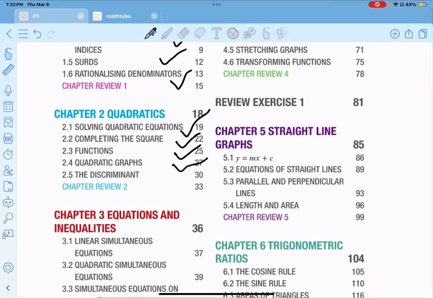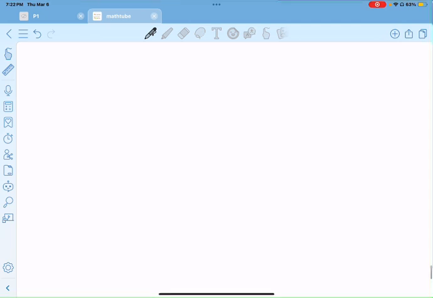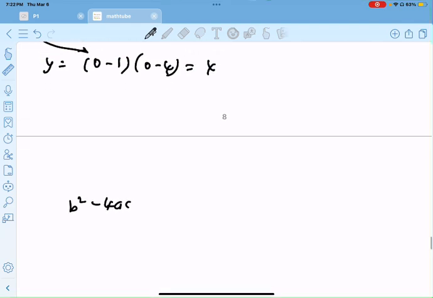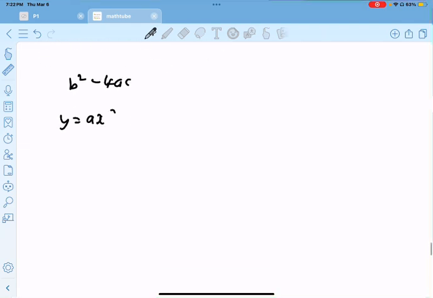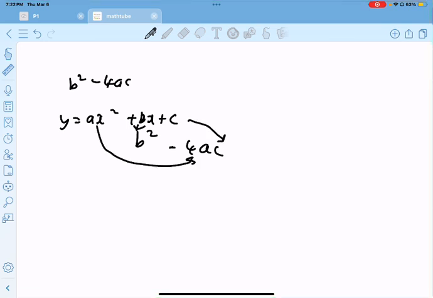Quadratic graphs. The discriminant is another thing that we need to know. Discriminant is b squared minus 4ac. Let's take an equation, y equals ax squared plus bx plus c. When you take b here, a here, and c here, if your value of b squared minus 4ac is greater than 0, that means there are 2 real roots.